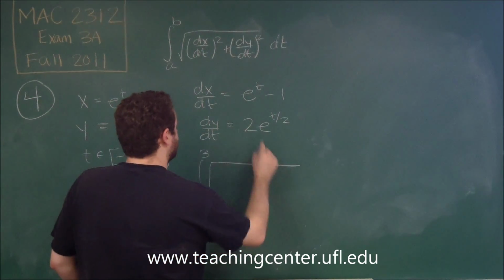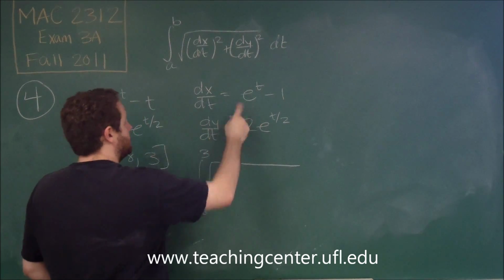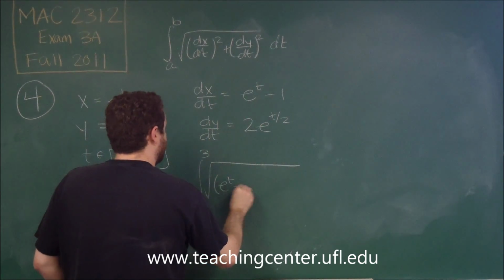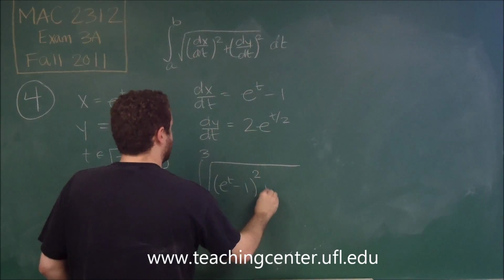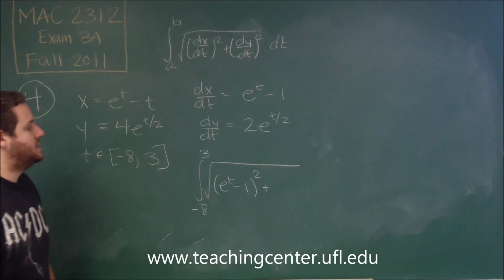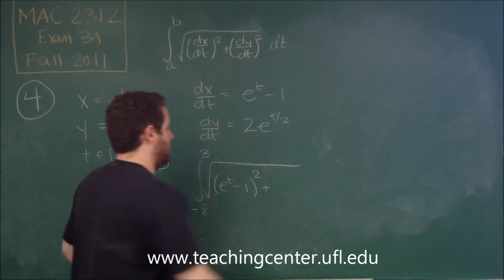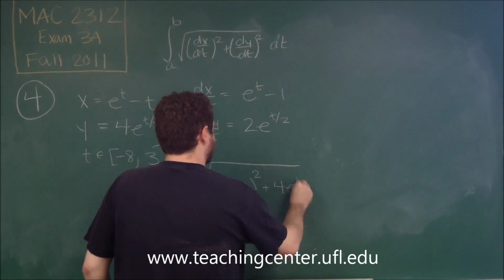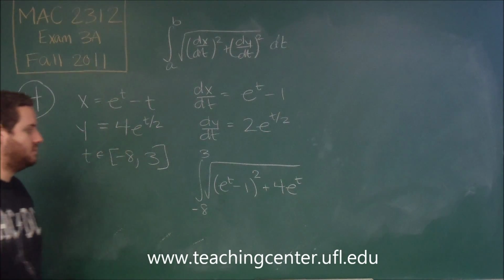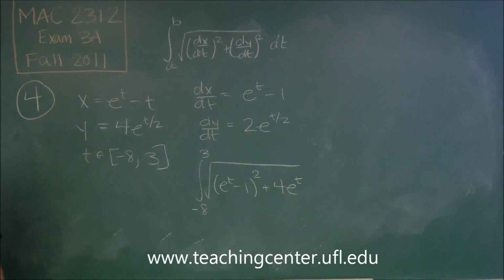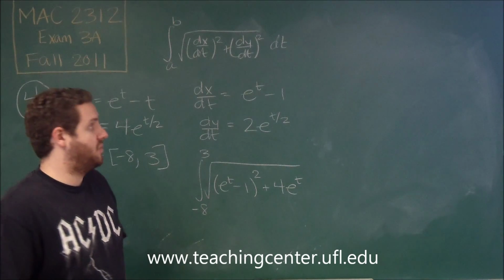So we would have the square root of dx dt squared, so we have e to the t minus 1 squared, plus dy dt squared. When we square this, we can just square each term because these are multiplied, so we would get 4e to the t. And this is something that we could actually simplify.